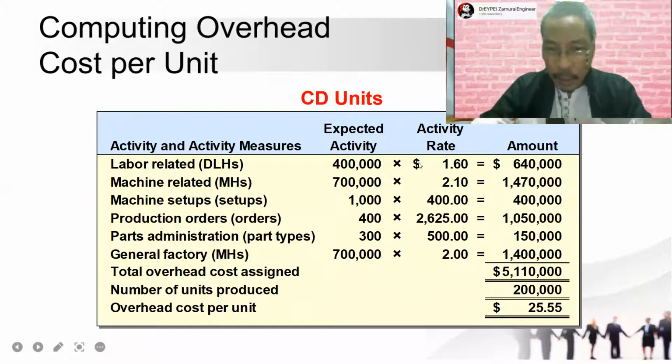That's why, as we did in the DVD example, we multiply expected activity with activity rate. For example, the first one, use your calculator, 400,000 times 1.6, how much?